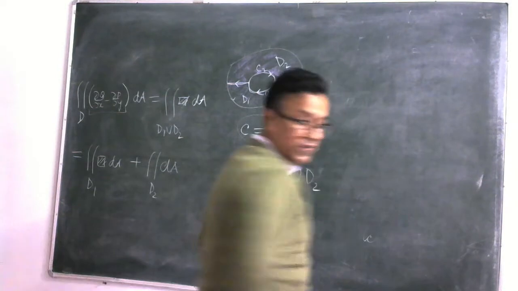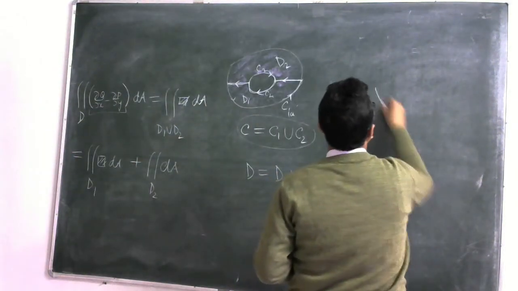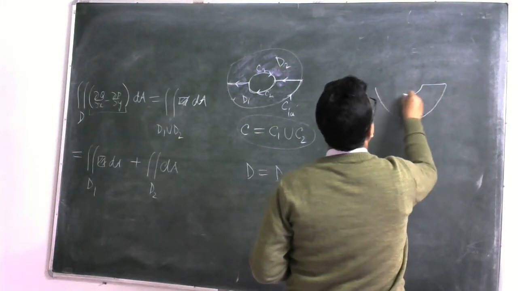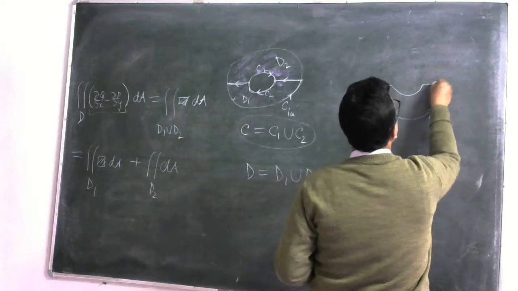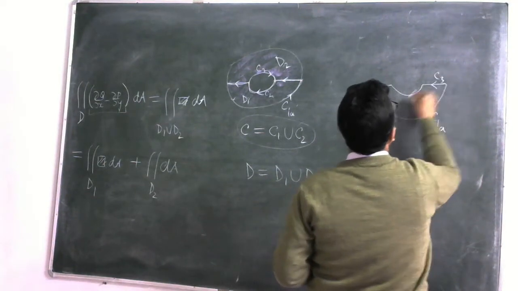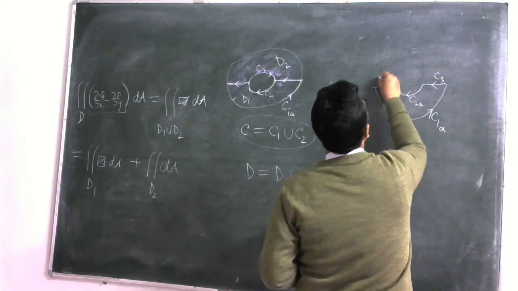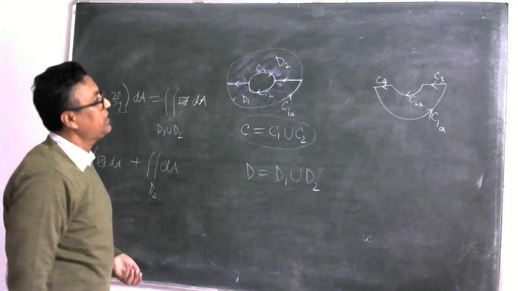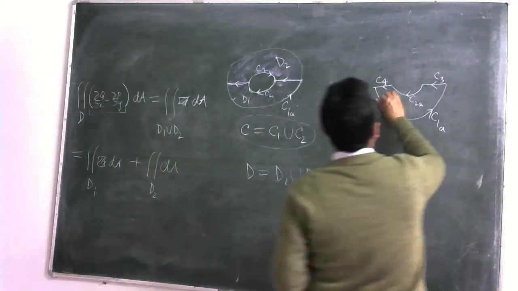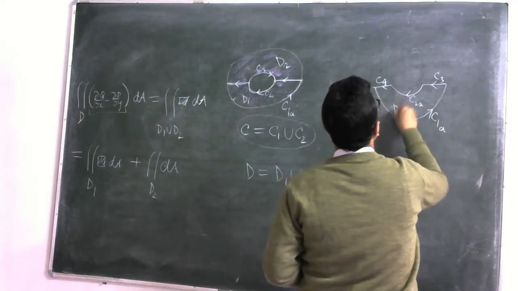Now let me come to the region D1. It is something like this. So this is C1A, let me call it C3. This is C2A, and let me call it C4. Fine. So this is nothing but my region D1.